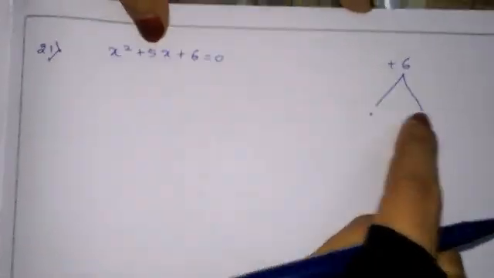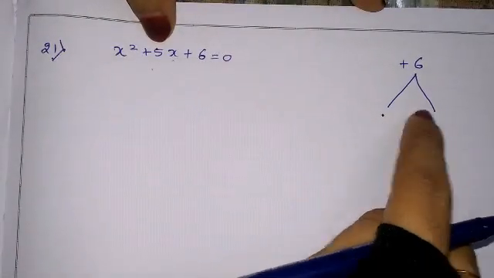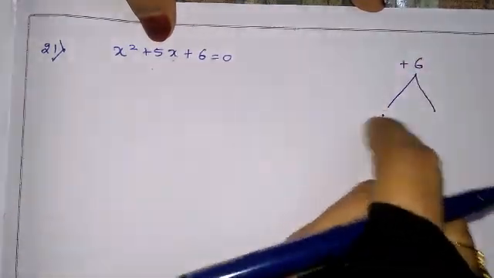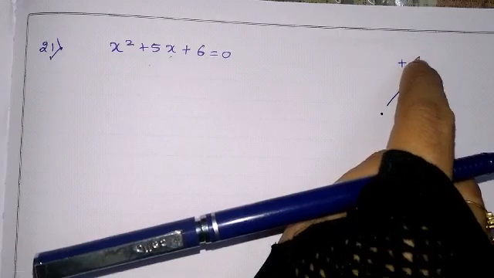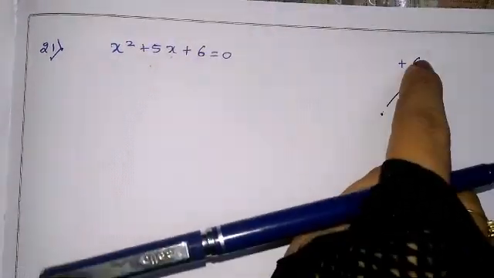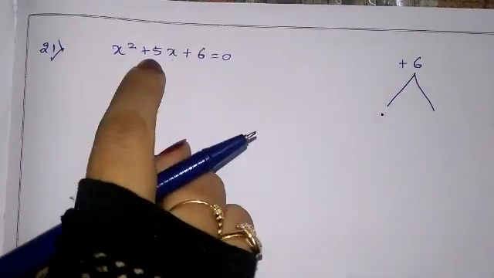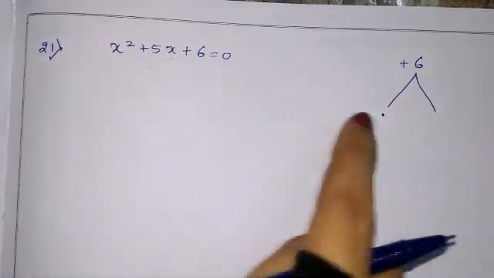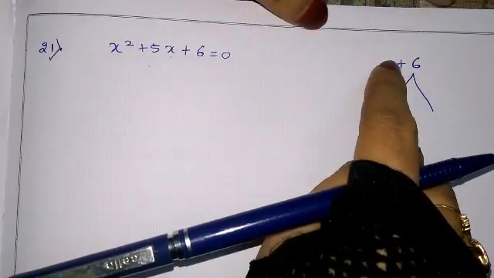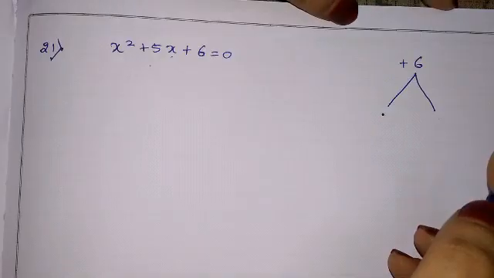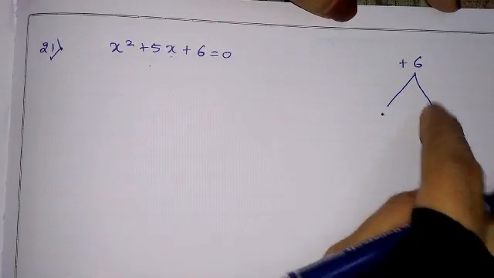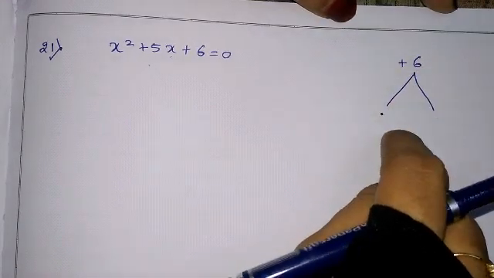So it is not possible. 5 ones are 5, but we want to multiply to get 6, so it is not possible. 6 ones are 6, 6 minus 1 gives 5, but with 6 minus 1 here a negative sign will come. So this is not possible. We have to go for different numbers. Then again 2 3s are 6. This is possible.